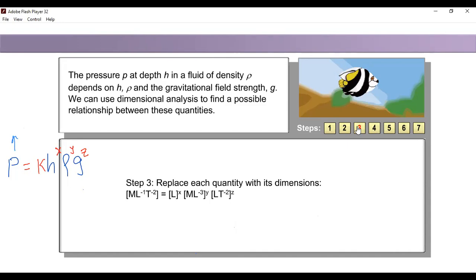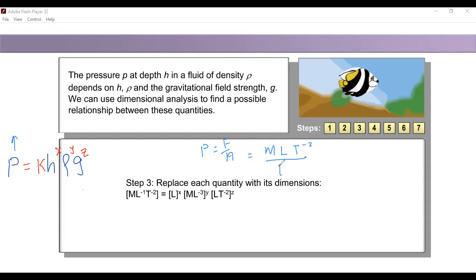Okay, look at step 3. As we know that pressure P equal to F over A, right? So the pressure, we get that the dimension will be M L negative 1 T negative 2. F is mass times acceleration, kg m s negative 2, divided by area.